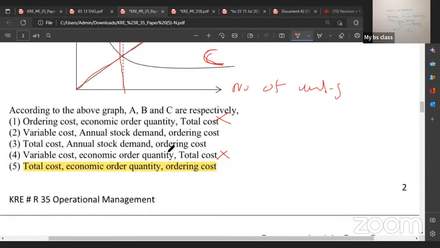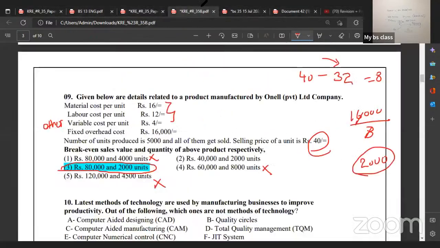Yes, can you please correct the answer? Can you please do the changes?